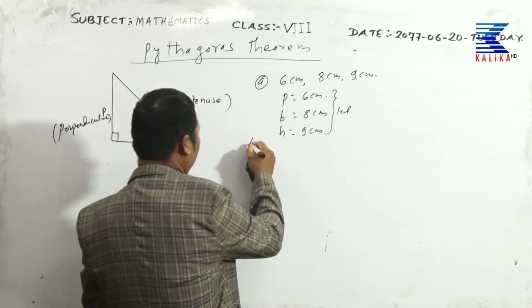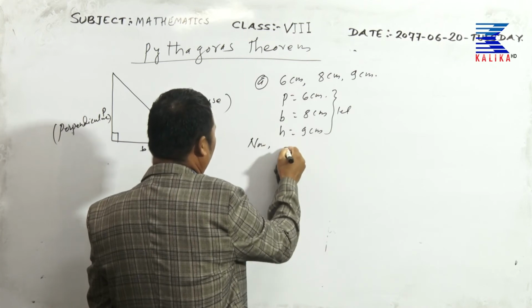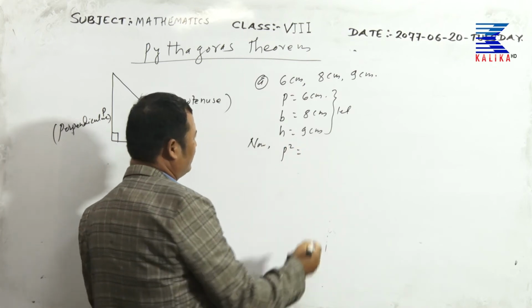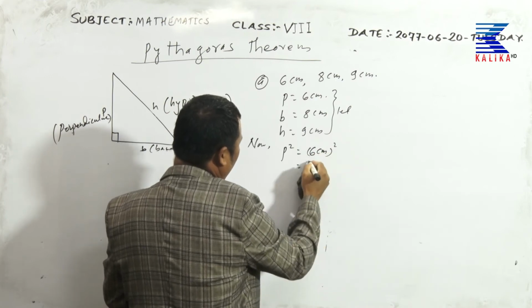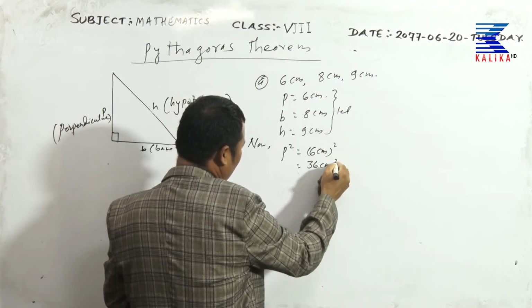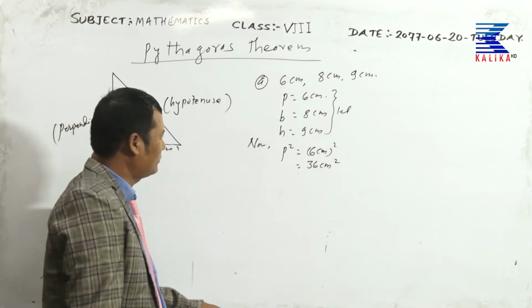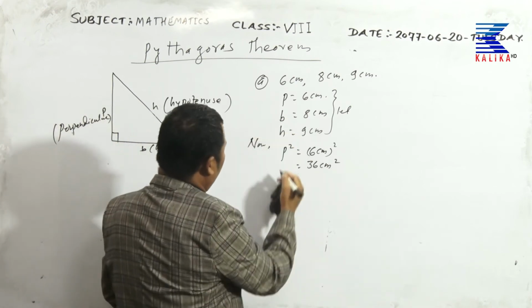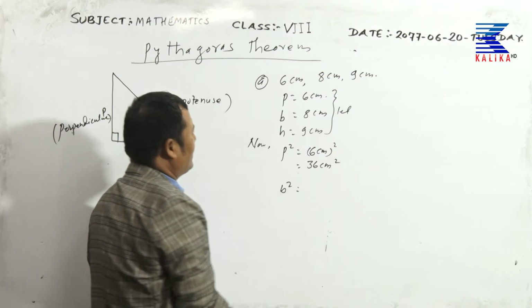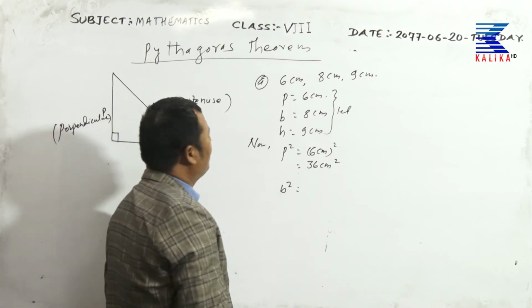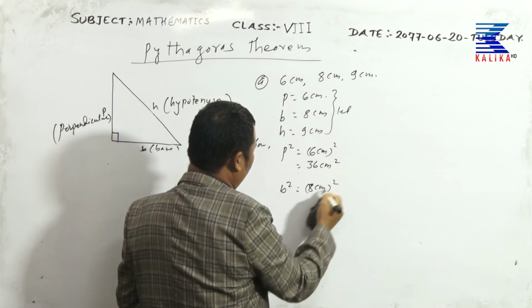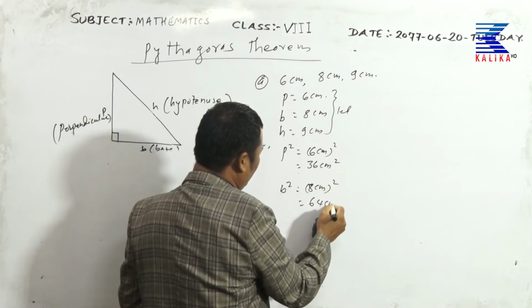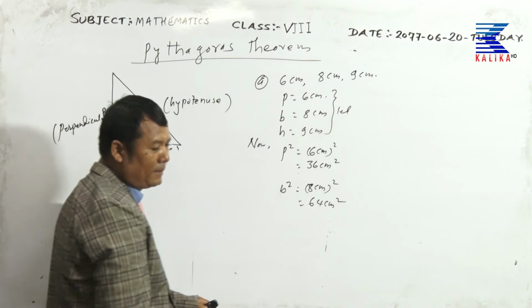Now, P square is equal to 6 cm whole square, 36 cm square. Next, B square is equal to, what is the value of B? B is 8 cm square, means 64 cm square.